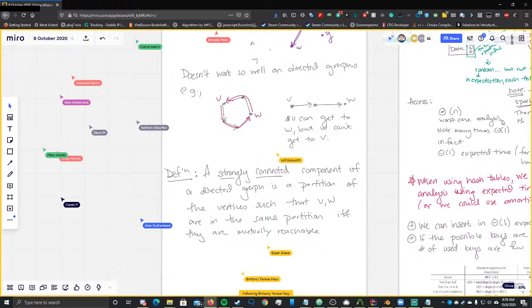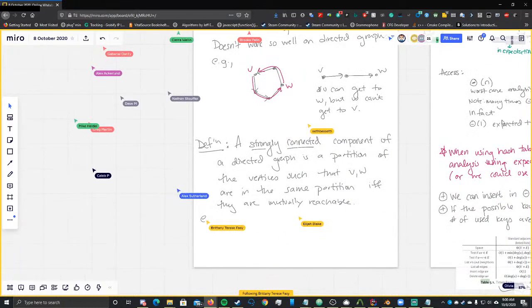Now let's see what this would look like, and I'll make it a little bit easier for me to draw the circles around things. Okay.